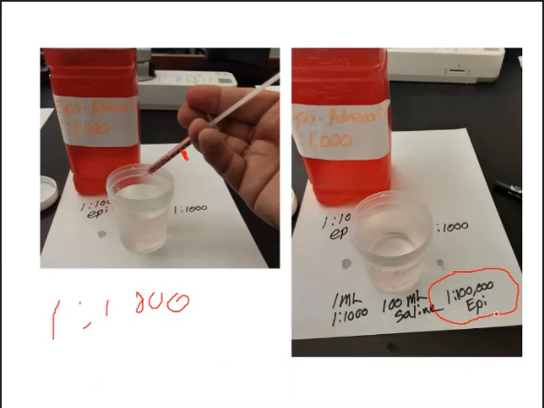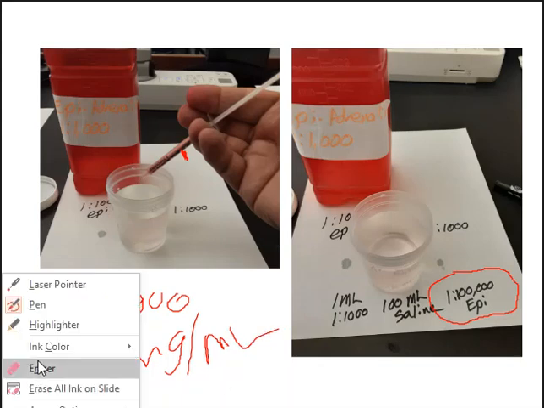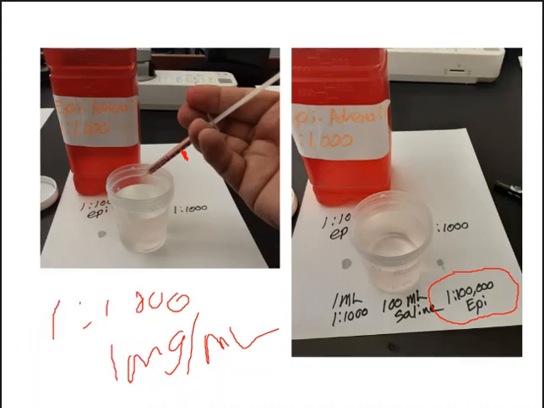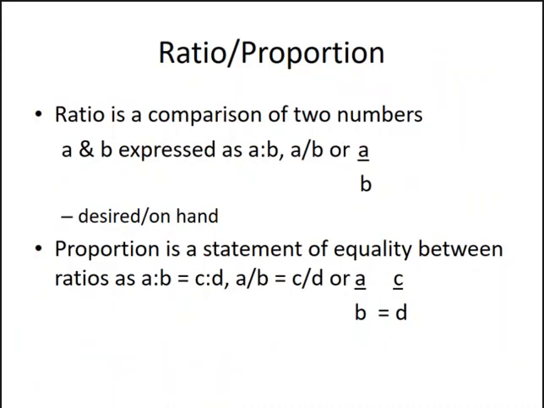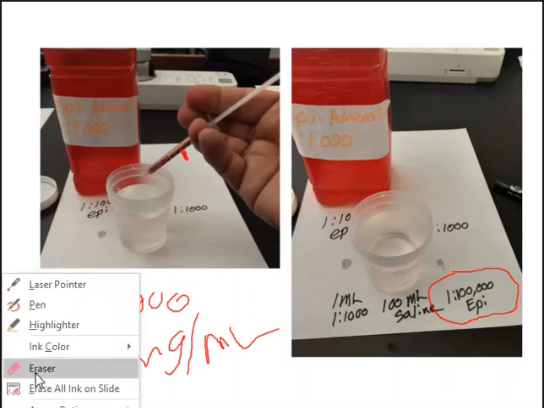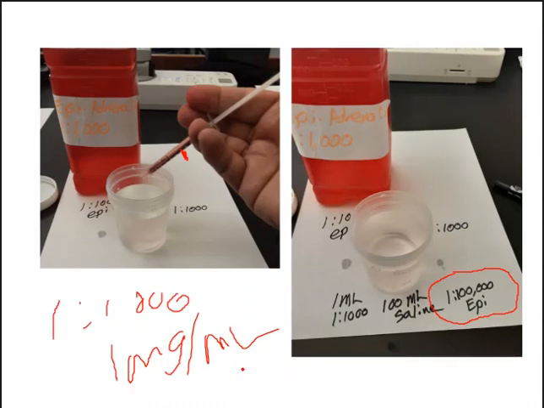The 1 to 100,000, they're getting very weak. The 1 to 1,000 is 1 milligram per milliliter. I apologize for the interruption there on the phone, but trying to remember where I was: 1 to 1,000 is 1 milligram per milliliter.